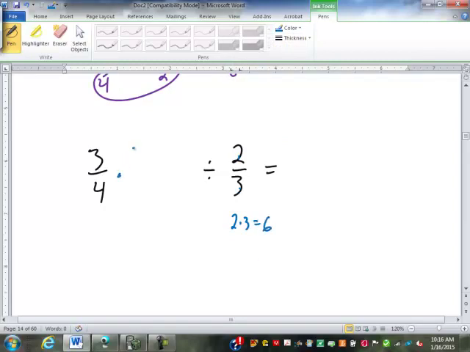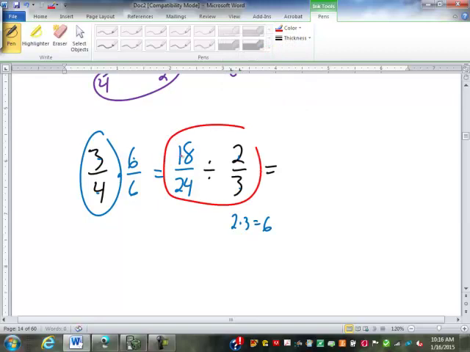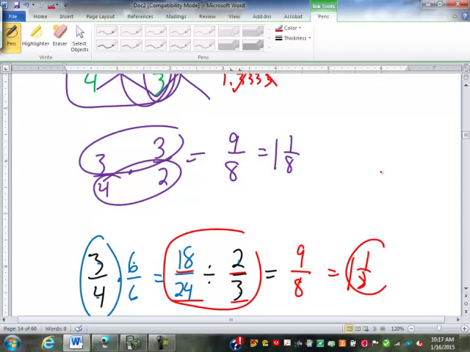So we're going to rename this by multiplying the top and bottom both by 6. 3 times 6 is 18. 4 times 6 is 24. 18/24 is still 3/4. It's just been renamed. It's been changed. Now we can divide. 18 divided by 2 is 9. 24 divided by 3 is 8. 9/8, or 1 1/8, which is what we had up here.